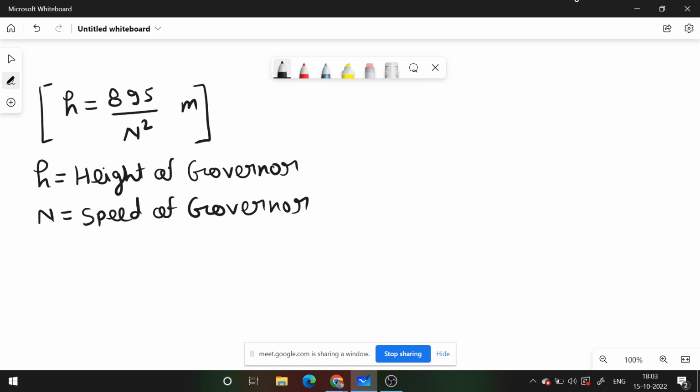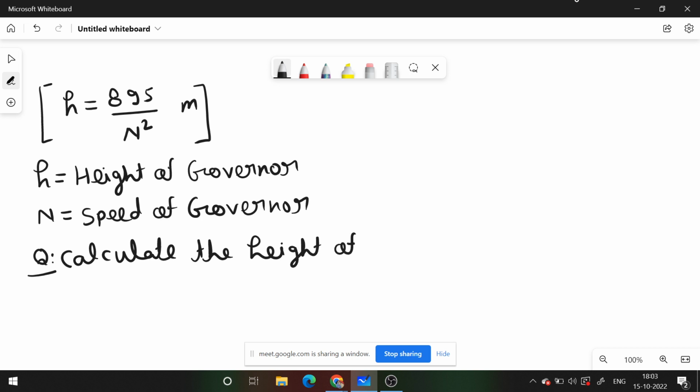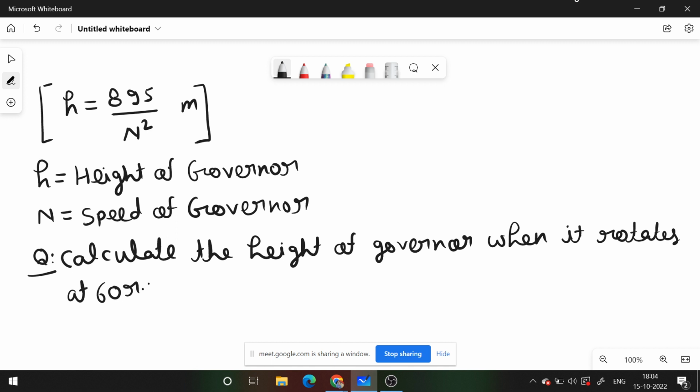Calculate the vertical height of a watt governor. Problem: Calculate the height of the governor when it rotates at 60 rotation per minute.